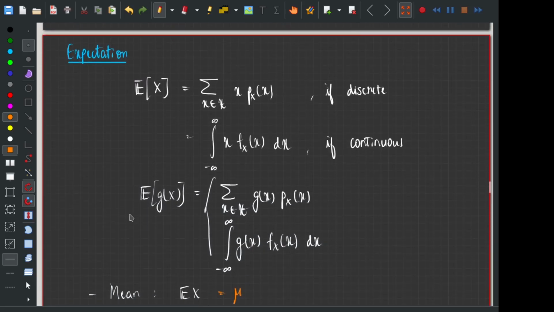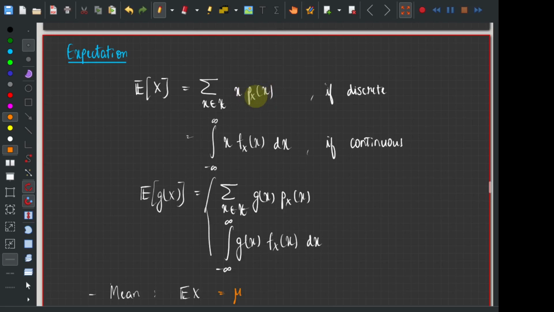We need some other tools. So, expectation. You know the definition of expectation. If x is a discrete random variable, then the expectation is the summation of x times the probability mass function of x. And if it's a continuous random variable with a well-defined PDF, then it's the integral of x times f of x dx. In this course, probability mass functions will be represented as p subscript x.